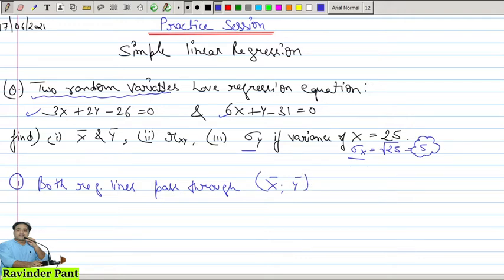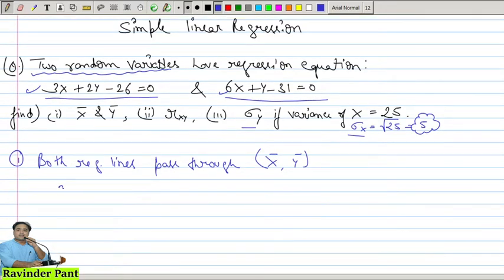So we can easily find these values at the intersection of these two lines. Since this line is passing through the means of x and y, this line is also passing through the means of x and y. So they will be intersecting at 3x bar plus 2y bar minus 26 is equal to 0 and 6x bar plus y bar minus 31 is equal to 0.